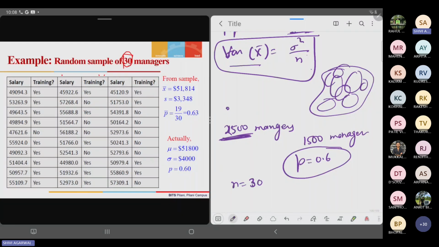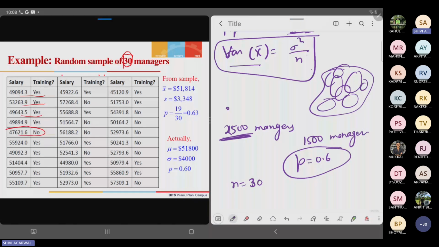We selected 30 managers, and then we check their salary and whether they completed their training or not. So first one, second one, third one, and so on.